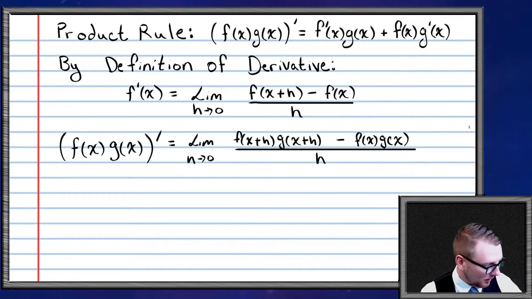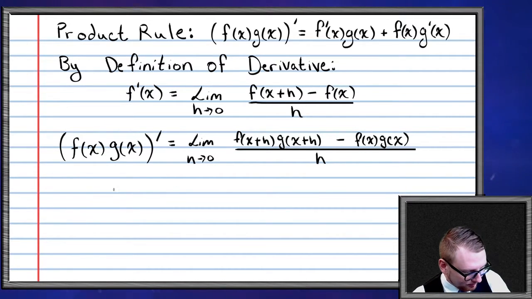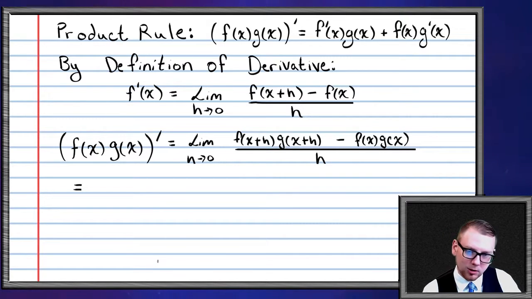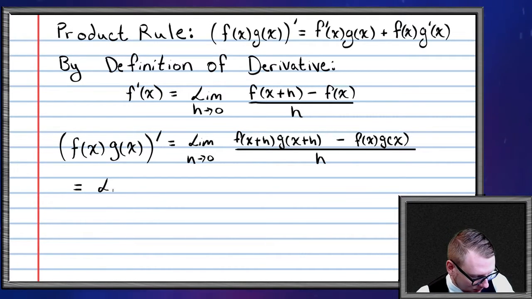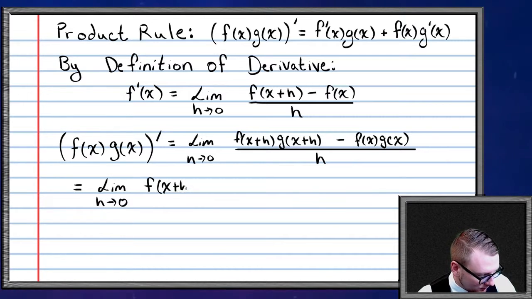Not bad? Okay. Next, we're going to subtract and add f of x times g of x plus h. So we're going to go limit as h approaches 0, f of x plus h times g of x plus h.